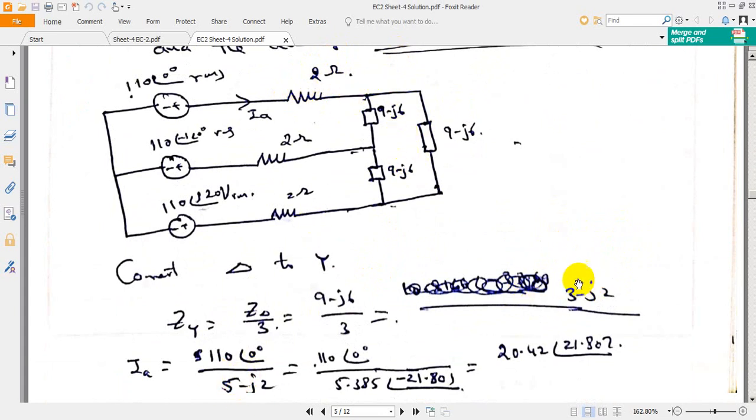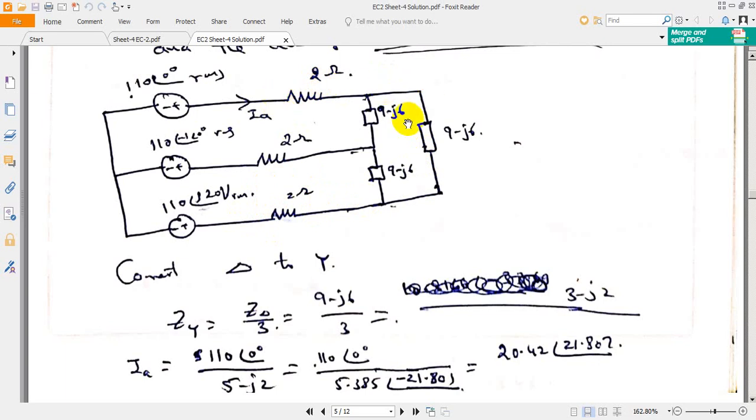Why? To 3 minus j2 we are adding 2 for the A branch. Similarly for the B branch we are adding 2 to the new impedance which we converted from delta to star, from 9 minus j6. The 3 minus j2 is in series with the 2 ohms, hence it is added in all the branches.